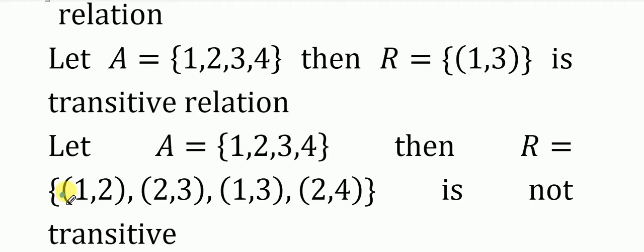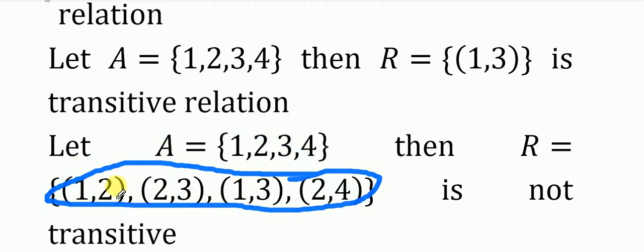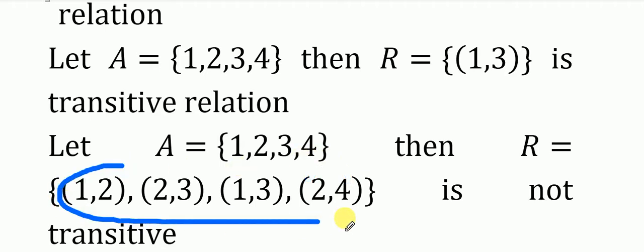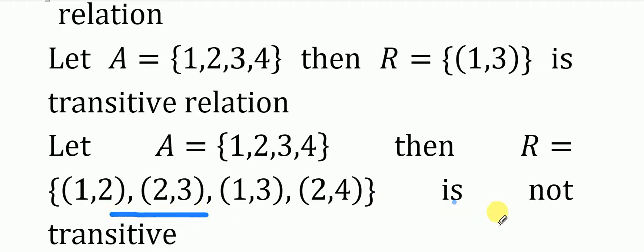I have to check other relations also. Here 1 is related to 2 and 2 is related to 4, but the ordered pair (1, 4) is not present in this R. Therefore it is not a transitive relation.